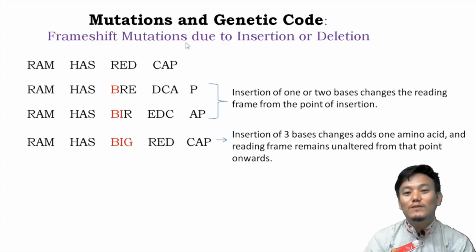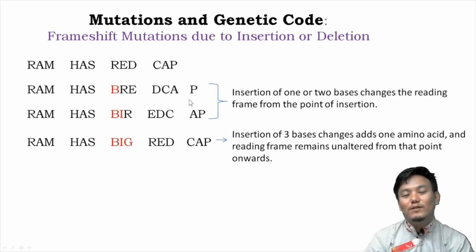Frame shift mutations are caused due to insertion or deletion. Insertion or deletion are types of point mutation, just like substitution, right? Insertion or deletion of 1 or 2 bases will change the reading frame of the codons from the point of insertion.